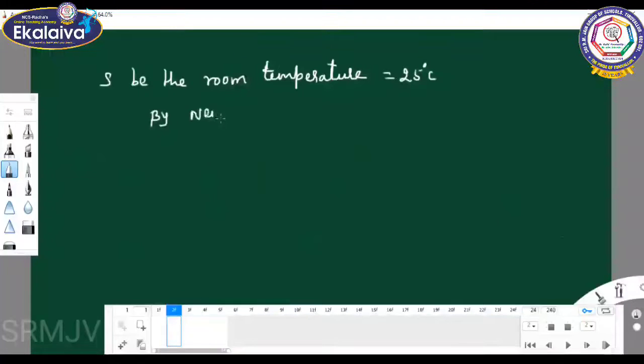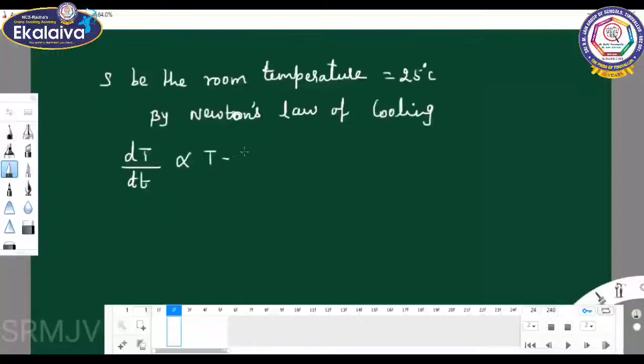By Newton's law of cooling, the rate of change of temperature, dT by dt, is directly proportional to the temperature minus room temperature.